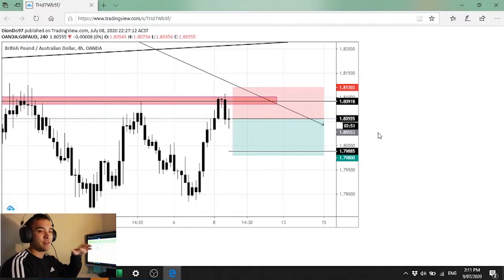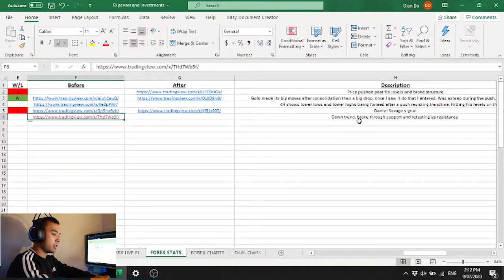I should have waited for that retest for extra confirmation. I did set my stop loss just above the resistance, so either way I would have done the same thing, but it would have been a nicer entry if I had waited. As you can see here, it was on a downtrend, broke through support and is retesting as resistance.